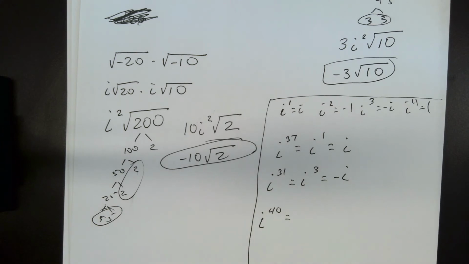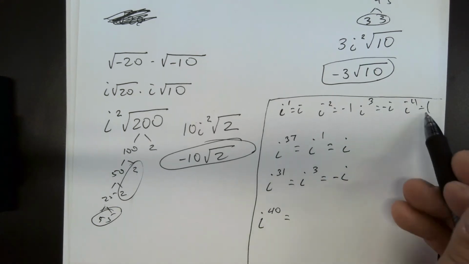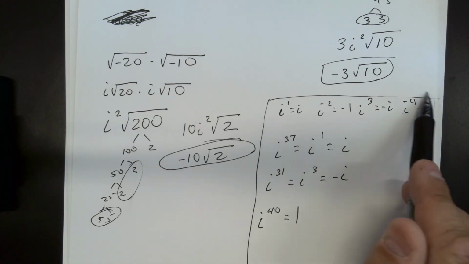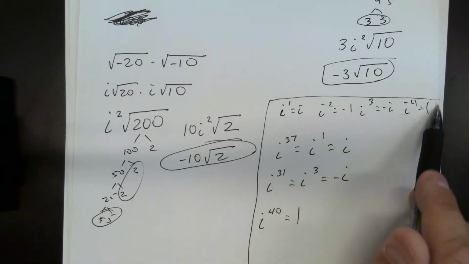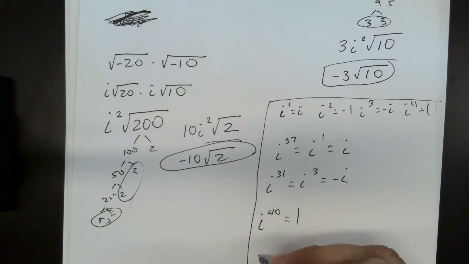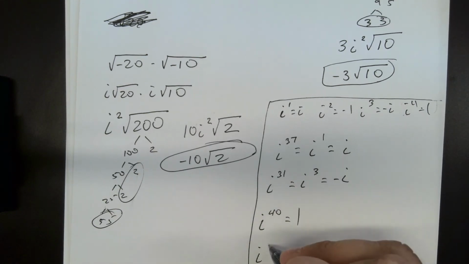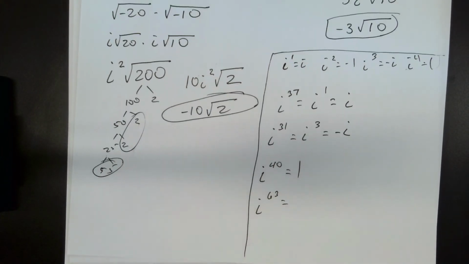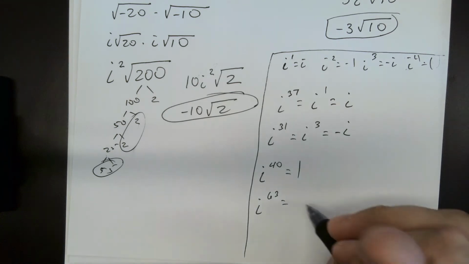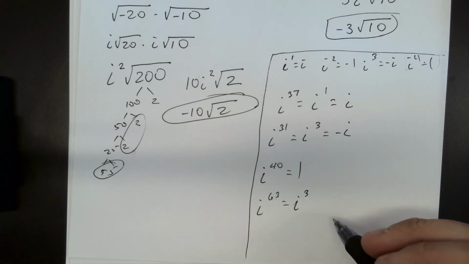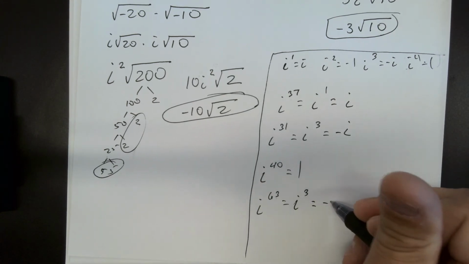It goes in evenly, so it's just going to be 1. If the remainder is 0, it's the one that's the even one. What about I to the 63rd? It's I cubed, because 4 goes into 60 fifteen times, which gives us a remainder of 3, so negative I.